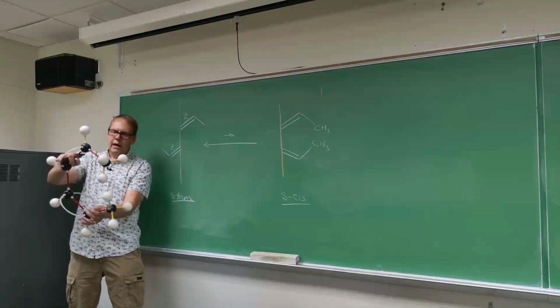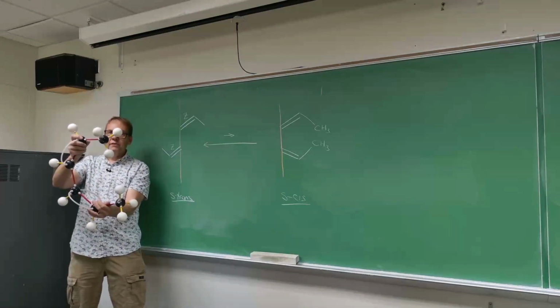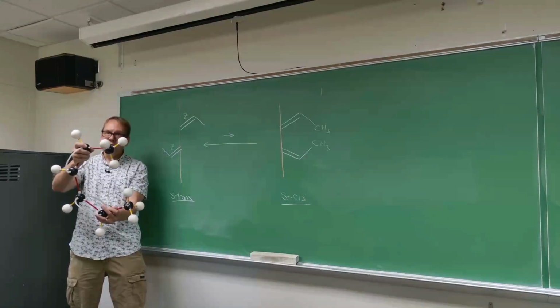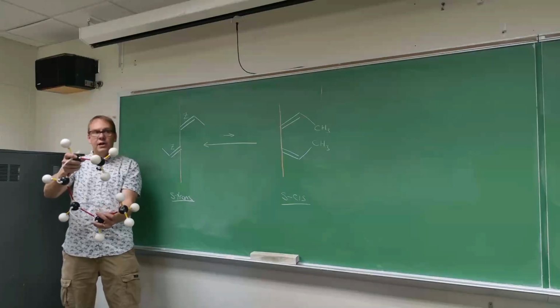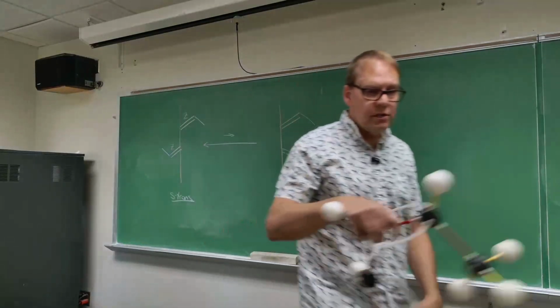So the molecule would have to bend, distorting its bond angles significantly, in order to accommodate the space needed to get those methyls close together, and that generates some angle strain. So this is not a very good conformation. It has a really hard time adopting this conformation.